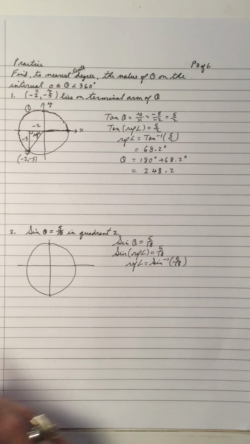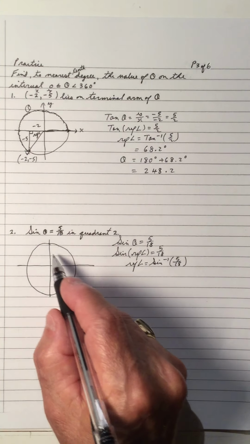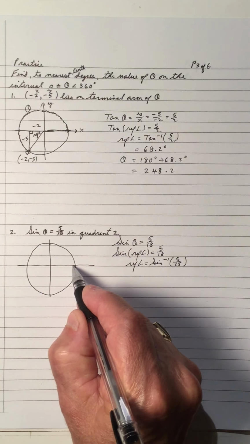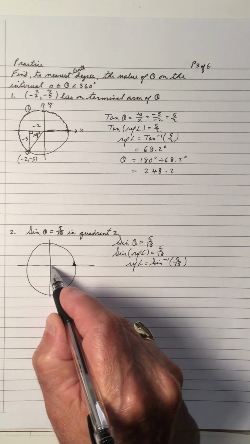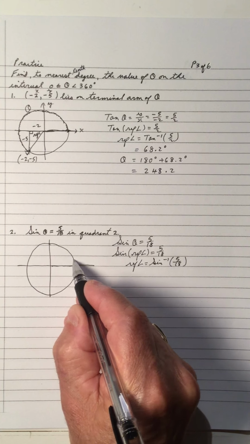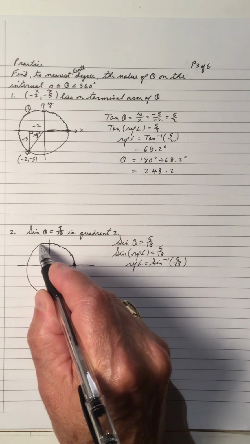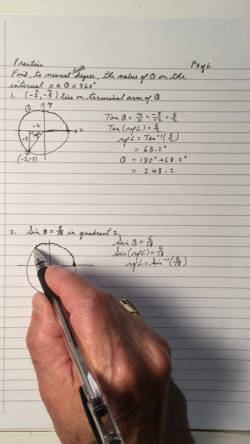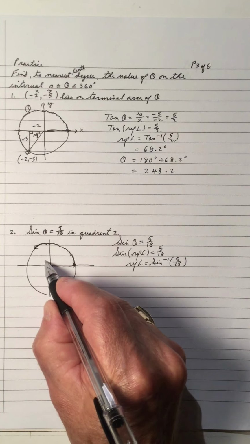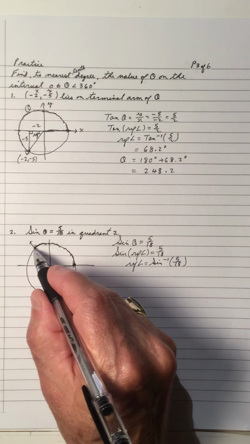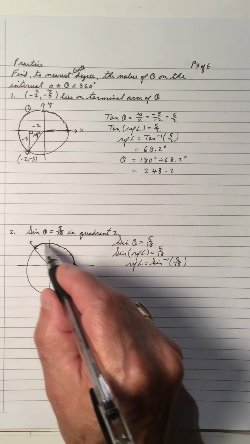And before I work that out, I just want to draw this diagram. We're in quadrant 2. So theta is the rotation again. This is the terminal arm. We rotate all the way up. I'm not concerned how far in here I go. I just stop here. And there's the terminal arm going out through there. And the reference angle is right here in this part.